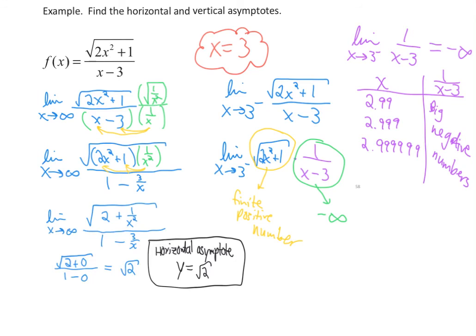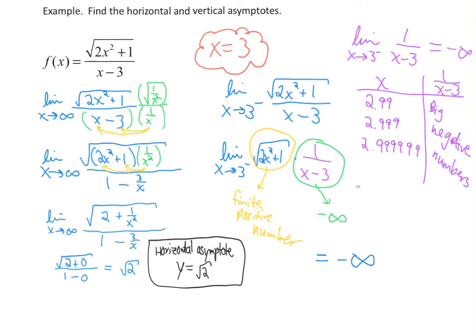So what we conclude is if I have a finite positive number being multiplied by something that's negative and getting more and more negative, then the overall result is negative infinity.